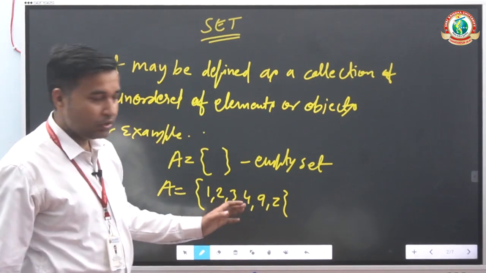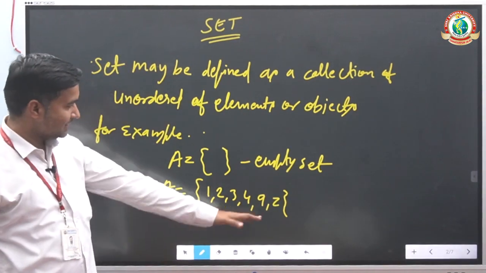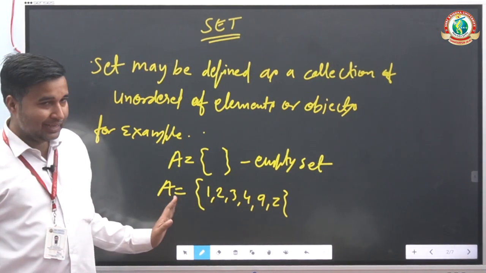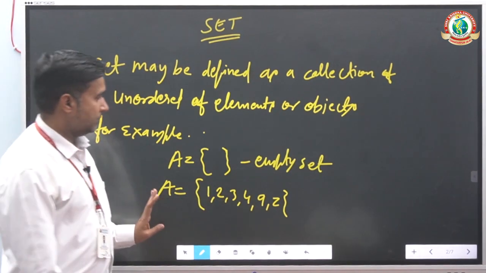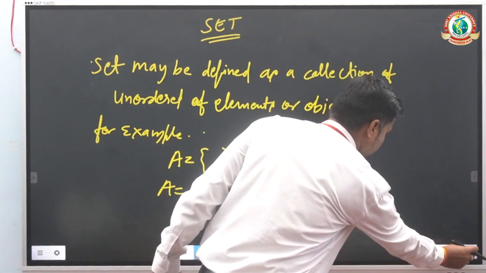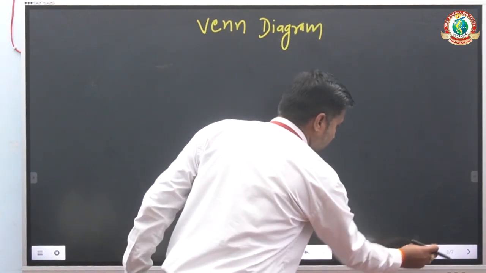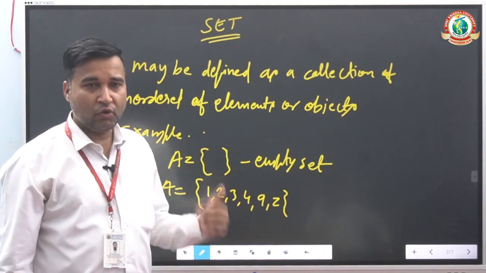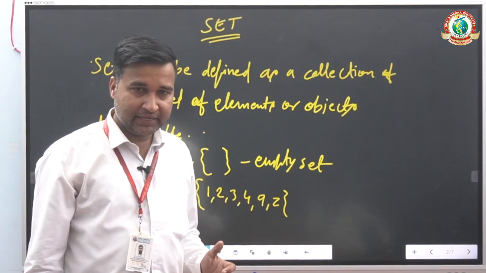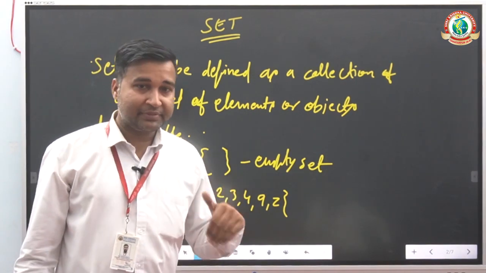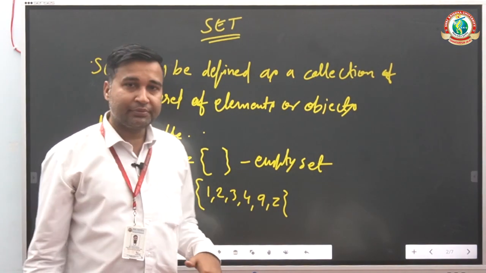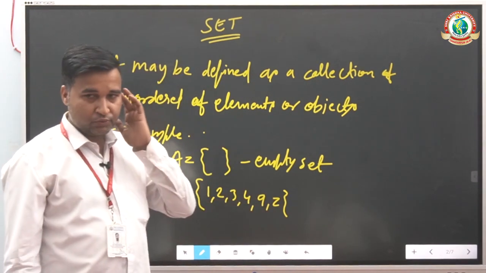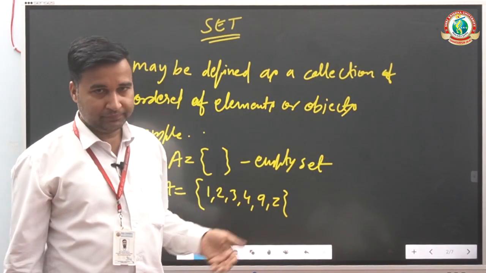So this is a non-empty set, and this is the representation of any set. Here we are taking A as a set. Now there are many types of sets: equal set, equivalent sets, difference of sets, subset of sets, union of sets, intersection of sets. These numerical issues will be solved later.